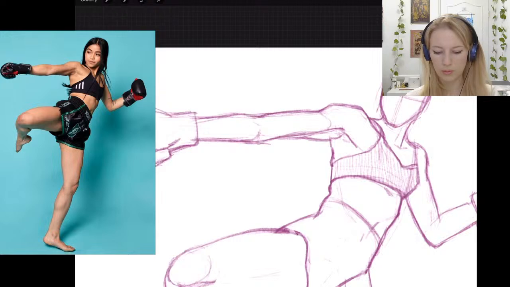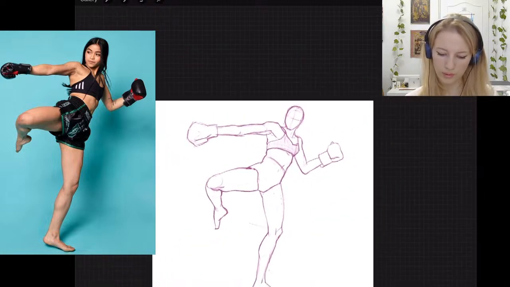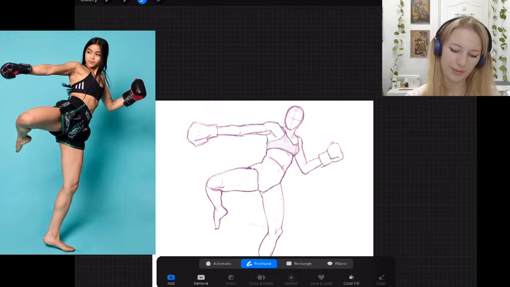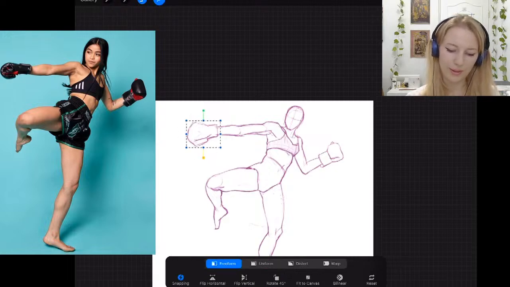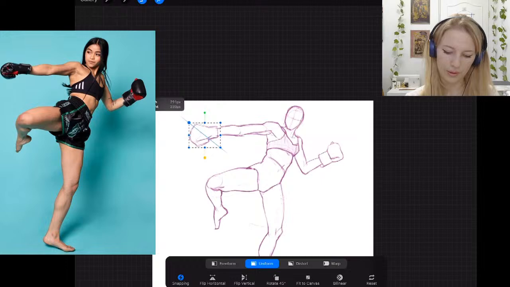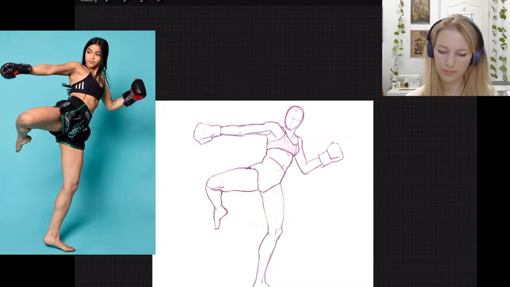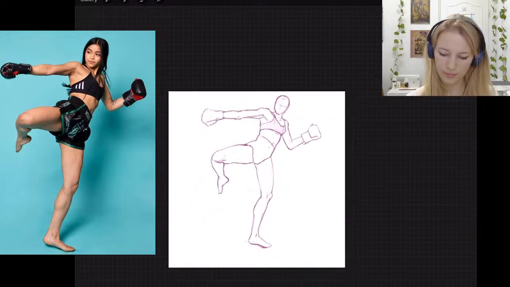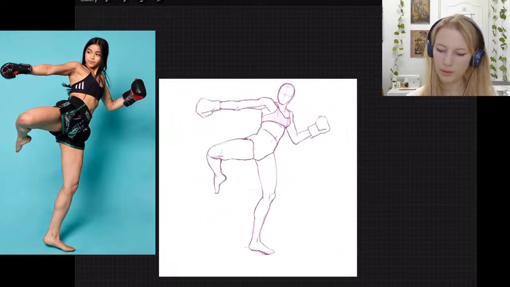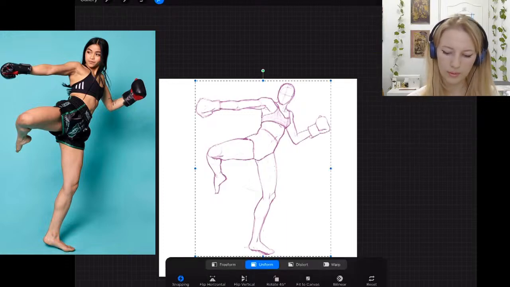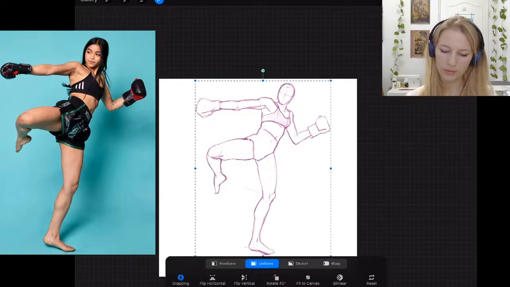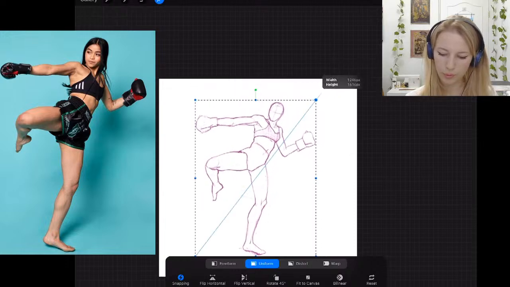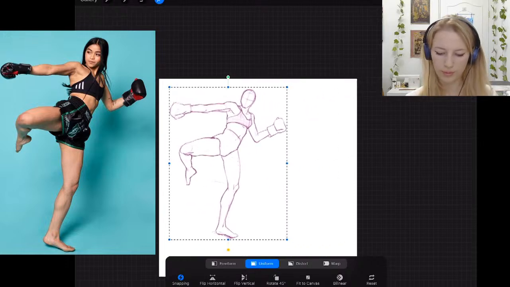Because I'm seeing right now that this glove definitely looks bigger than it should be, and I think that we'll just make it a bit smaller. And even if it is, I don't think that it's too bad, because we can, I would say, stylize things a bit, just to make them more expressive.